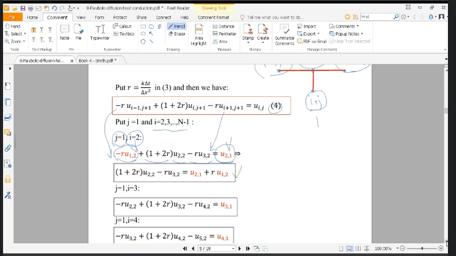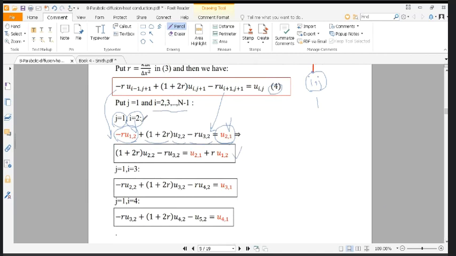For the next, we use this formula 4. Again, j is 1 and i is 3.